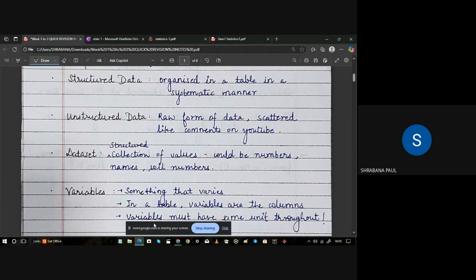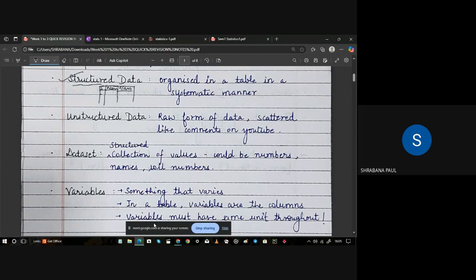So yeah, next, structured data and unstructured data. What is structured? Something which is organized, something which comes in table format. Like here is gender, student name, gender, and their classes. All this comes under a customized format, in a systematic manner.